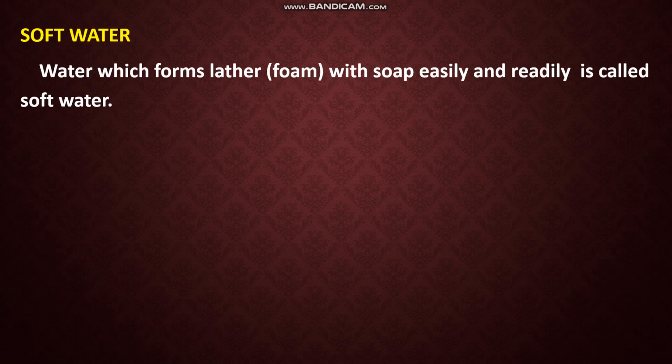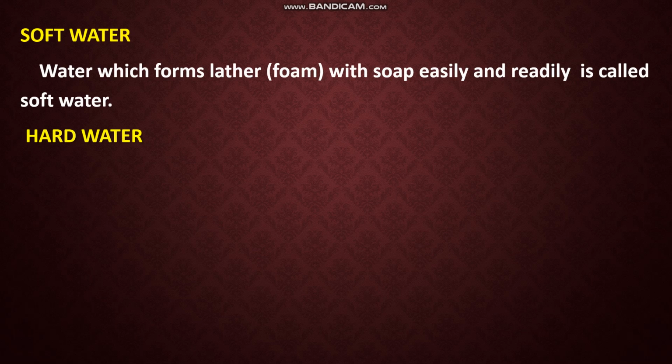So we have seen now soap will form lather or foam with the soft water readily, and hard water does not form the lather readily. So let us recall what is soft water and what is hard water. Water which forms lather, meaning the foam, with soap easily and readily is called soft water.